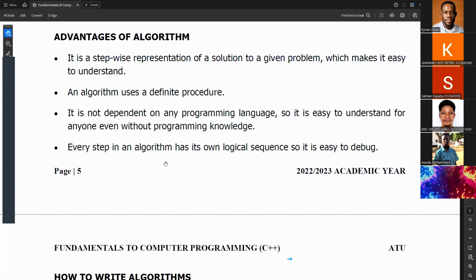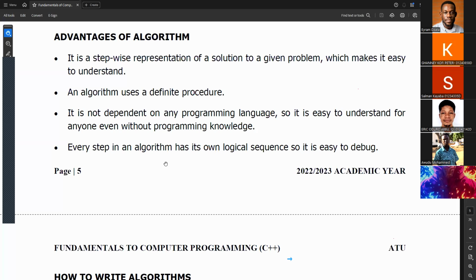So you have a given problem, and you come up with steps to solve that problem. So an algorithm gives a representation of a solution to that problem. Then algorithms also use a definite procedure. So your procedure should be clear.